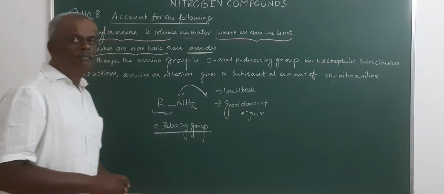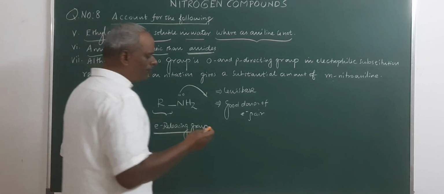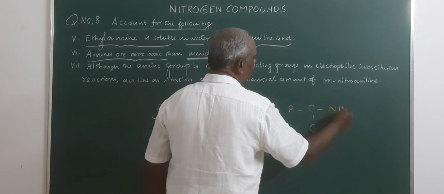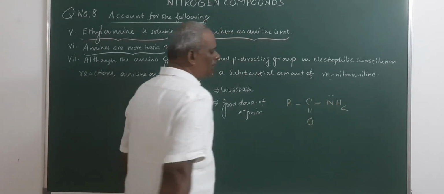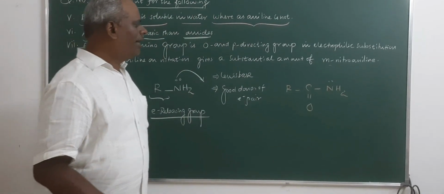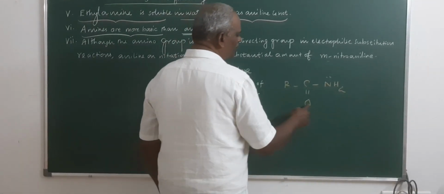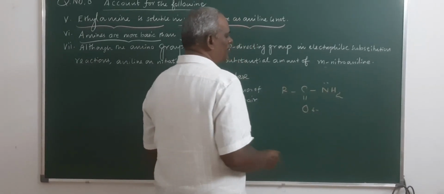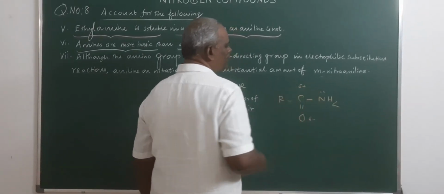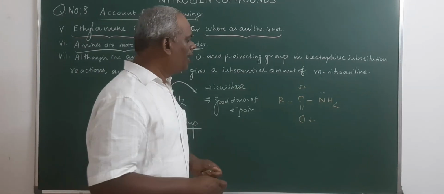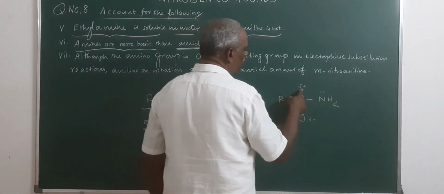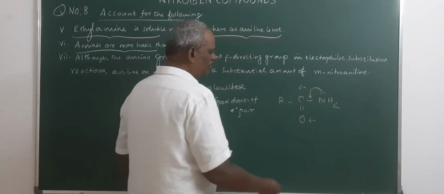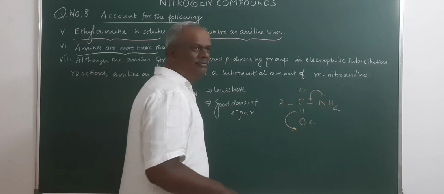But you see, the amide has the following formula, RC double bond ONH2, where the oxygen is electronegative. We know it is carrying slight minus, and due to that the carbon is carrying slight plus. Due to that electronegativity difference, in order to compensate this positive charge, a pair of electrons will move like this. The existing bond breaks.